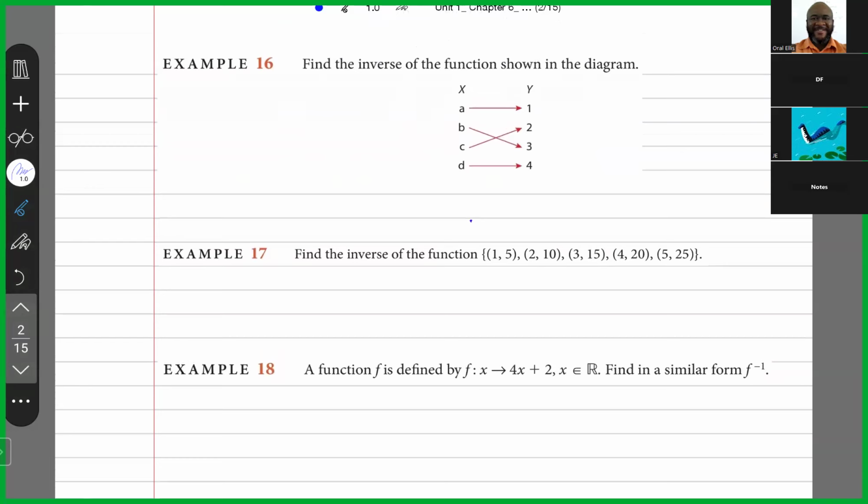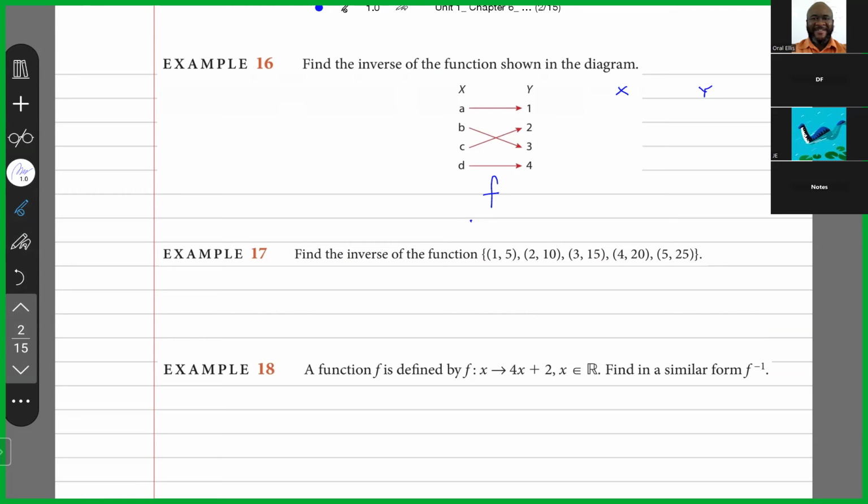Example 16 says, find the inverse of the function shown in the diagram. So obviously this is a bijective function. We want the inverse. So let us say that this function is f, and they want the inverse.